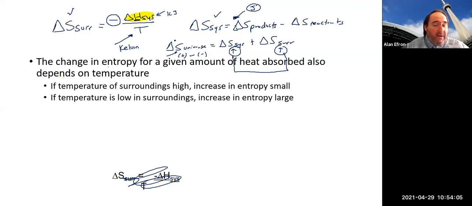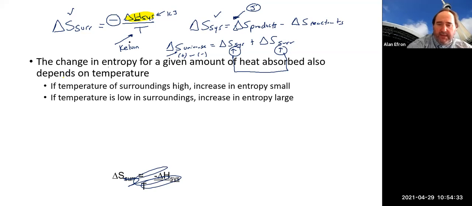So using the surroundings answer and the system answer will usually require some type of conversion either to joules or to kilojoules, but most people might go to joules because delta S is typically given in joules. So you just got to watch those units in this particular case. Any questions on that?